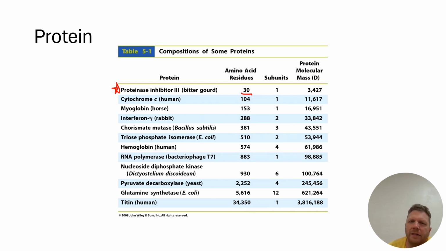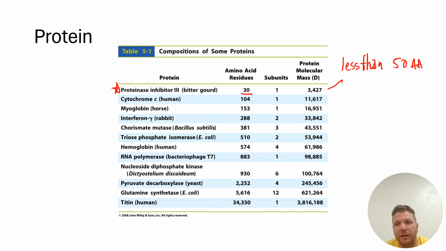This is 30 amino acids, and generally anything less than 50 amino acids is not referred to as a protein, but rather it's referred to as a polypeptide. Now, that's not a hard and fast rule, that's not an absolute rule, but that is a good thing to kind of keep in mind.